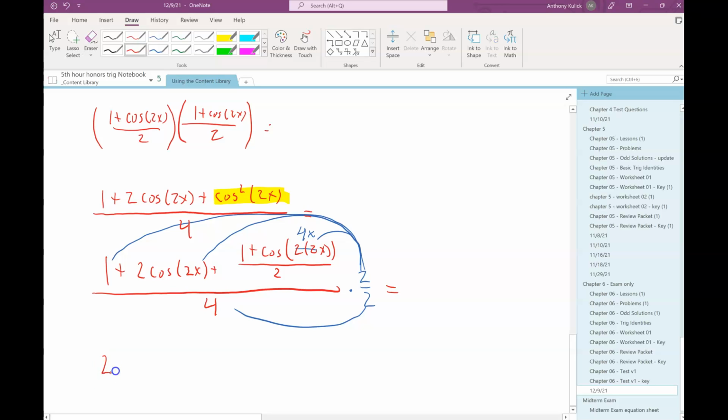So 2 times 1 is 2. 2 times 2 cosine 2x is 4 cosine 2x. And then 2 times 1 plus cosine 4x over 2, the 2's are going to cancel, so I'll be left with 1 plus cosine 4x. And then 2 times 4 is 8.